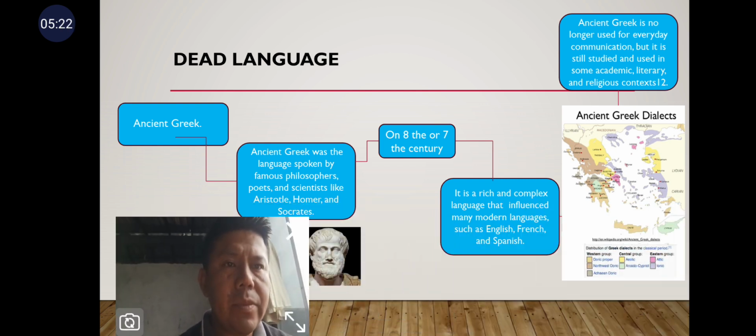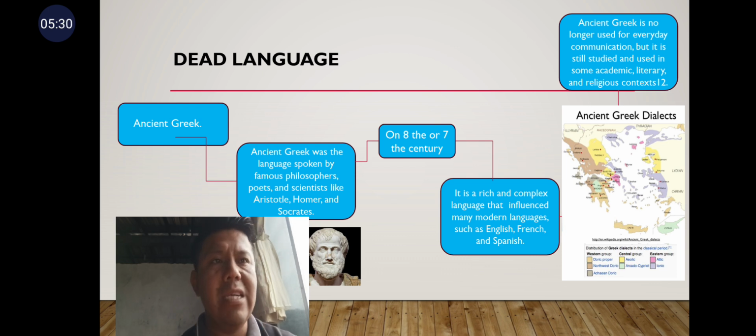This dead language influenced modern languages such as English, French, and Spanish. In this slide there is a picture of the ancient Greek dialects during that time.